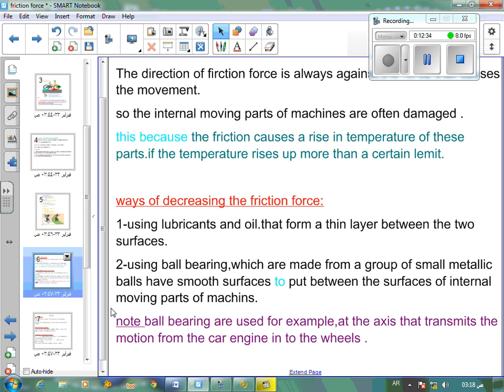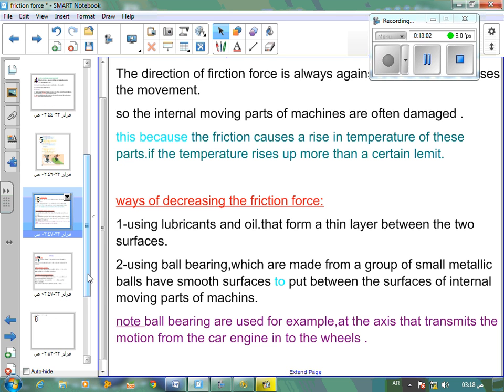But there are ways of decreasing the friction force. These ways are by using lubricants and oil that form a thin layer between the two surfaces of the machine, or by using a ball bearing, which is made from a group of small metallic balls that have smooth surfaces, to put between the surfaces of the internal moving parts of machines.